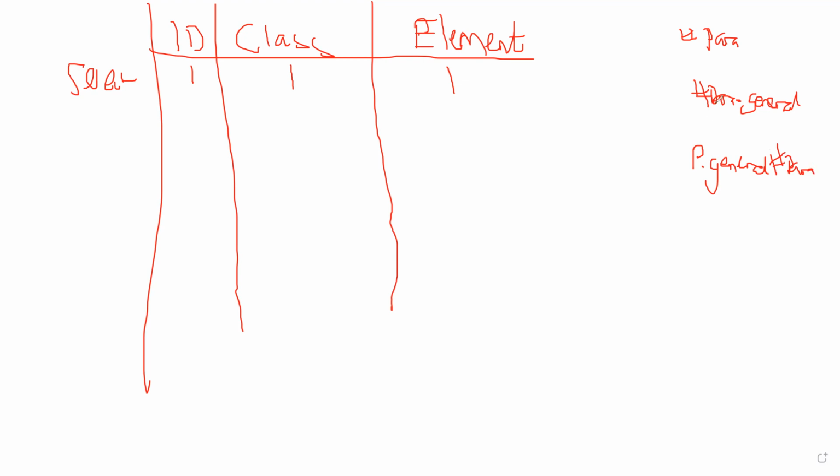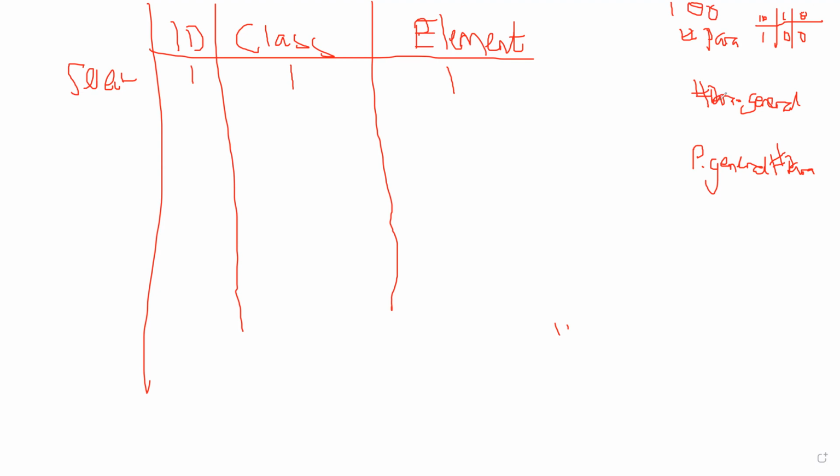Now, if we look at this one, we only have an ID, which is 1 here, right? And class is 0, element is 0. So the total value for this is 100.